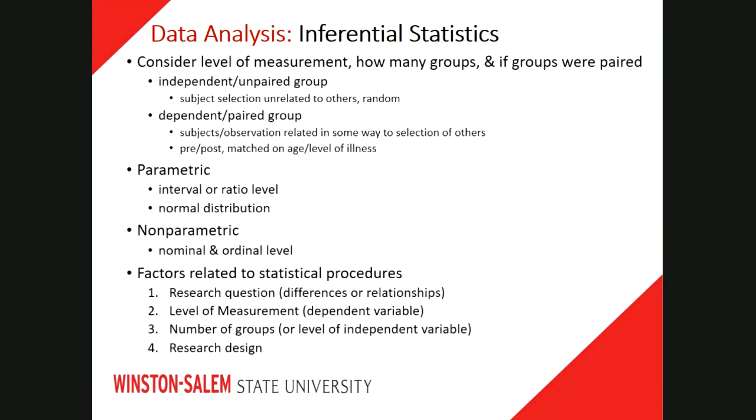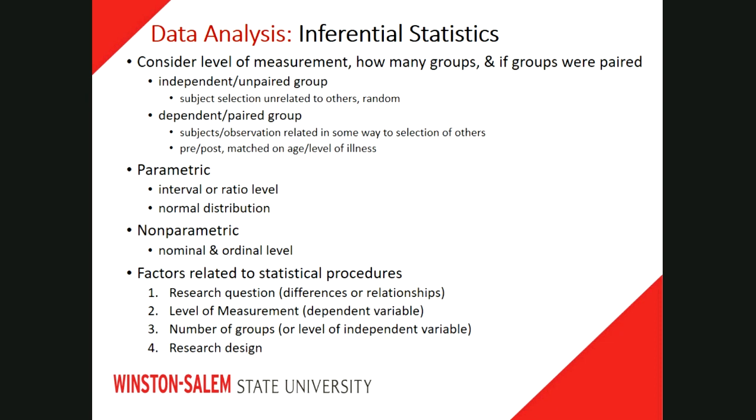So now when you take into consideration inferential statistics, this is when you first have to think about the level of measurement, how many groups, and if the groups were paired. So you may have an independent unpaired group. You also may have a dependent paired group. The dependent paired group indicates that subjects and observations are related in some way to the selection of others.